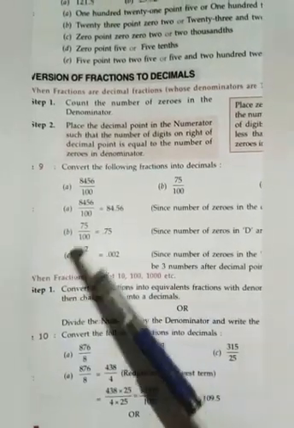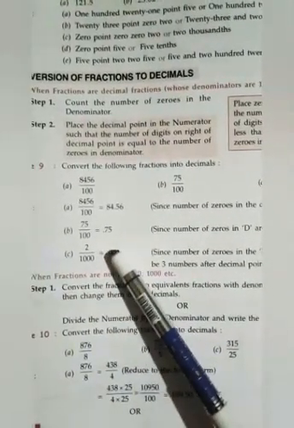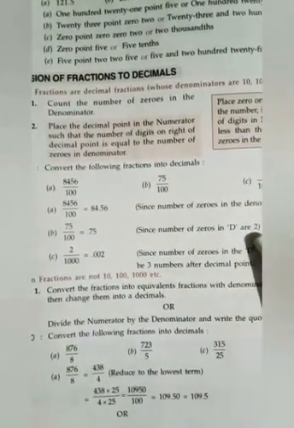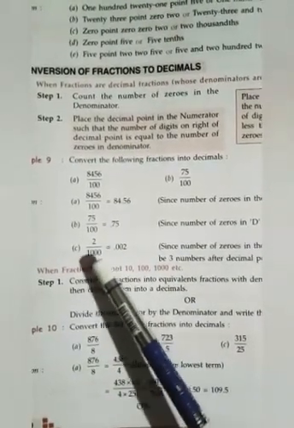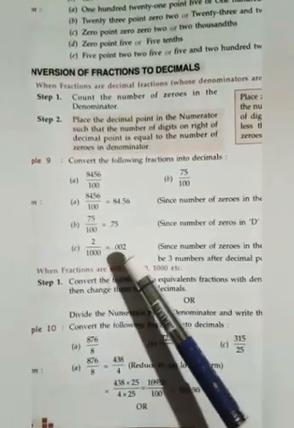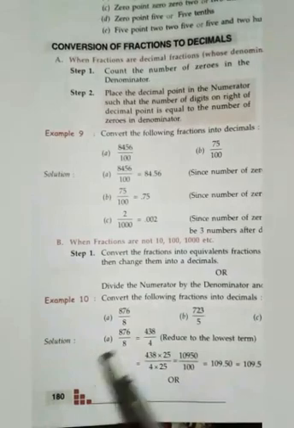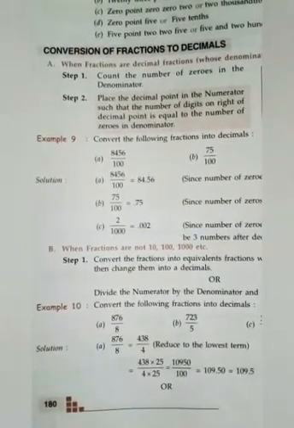Then here you see 75 by 100. Here 0.75, since the number of zeros in the denominator is 2. Here 2 by 1000 means 3 zeros, so after the point you have to write 3 digits. So 0.002.